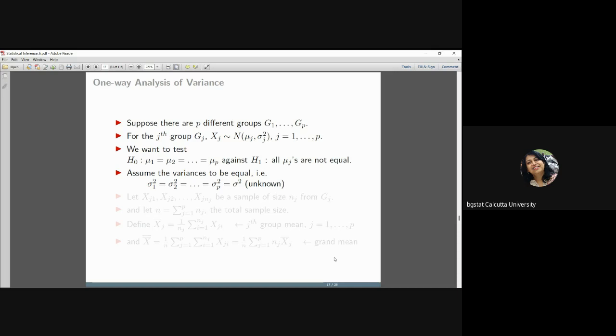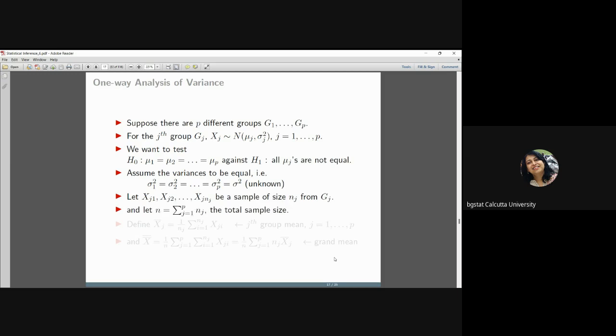The null hypothesis I want to test says that all the 28 states have the same mean. So I want to test mu 1 equal to mu 2 equal to, in my case, mu 28, in general equal to mu P. And the alternative says that at least one pair must be unequal. So at least one state has an average income which is different.